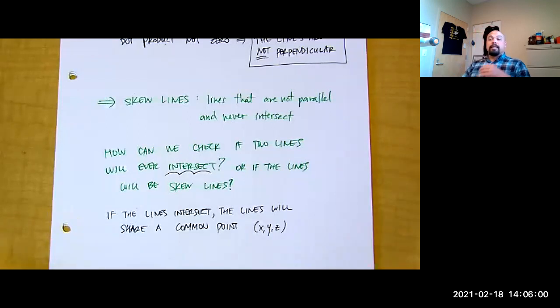There'll be some x, y, z ordered triple that both lines will pass through, that they'll both share. Okay?